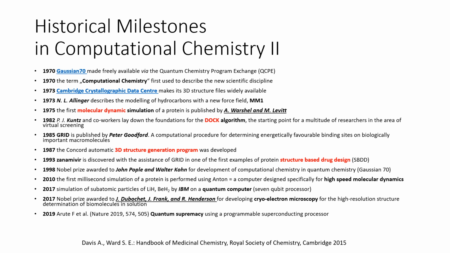In 1973, the Cambridge Crystallographic Data Centre made freely available 3D structure files of small molecules, and it is a widely used database until today. In the same year, Allinger described the model of hydrocarbons with a new force field, MM1, and the first molecular dynamics simulation was published by Warshel and Levitt.